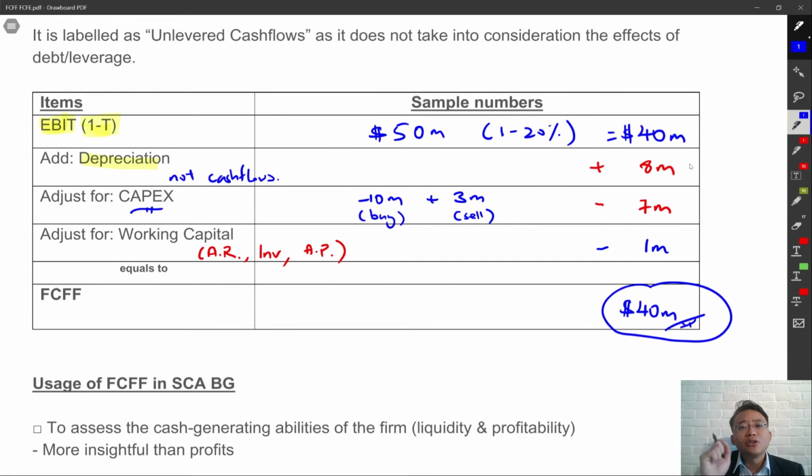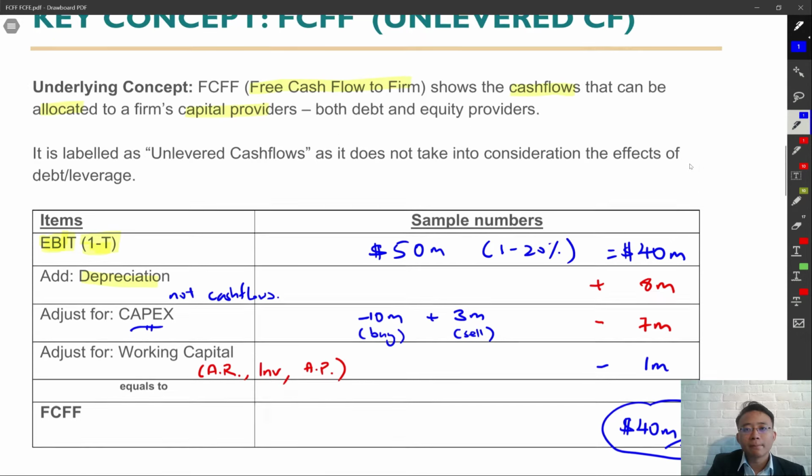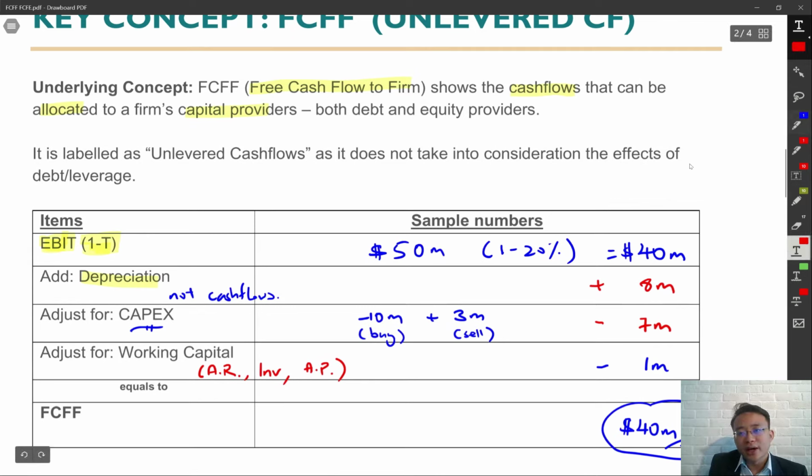Now, what can I do with this $40 million? Let's go back to the definition. It shows us the cash flow. So this $40 million is the cash flow that I have left over, and I can allocate this cash flow to the firm's capital providers. I can take this money and distribute it to debt holders. Like, hey, this is the interest due to you. Let me pay you for your interest.